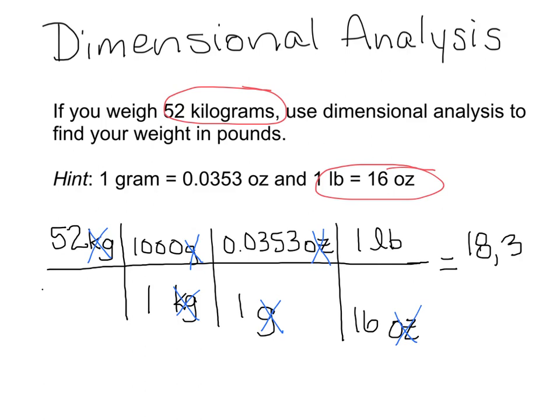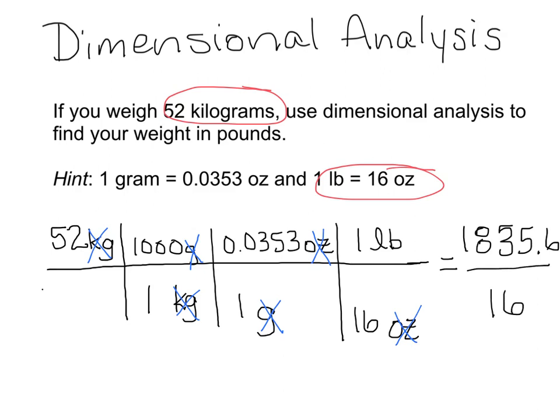18,300, let me try that one again. I get 1,835.6. Okay, I know 1 times 1 times 16 is simply 16.